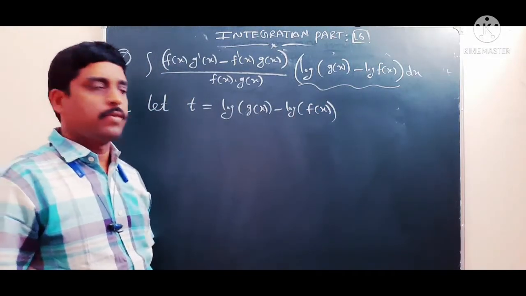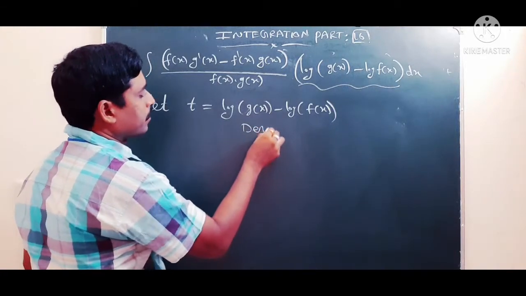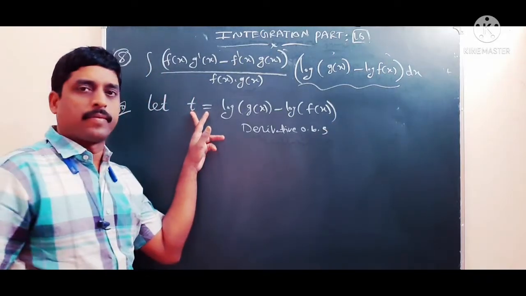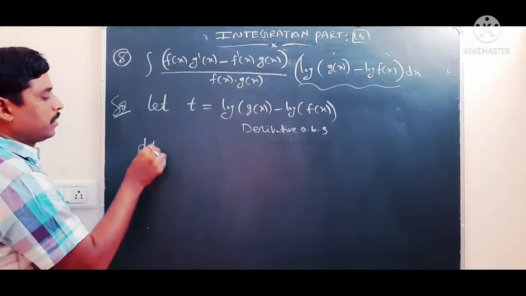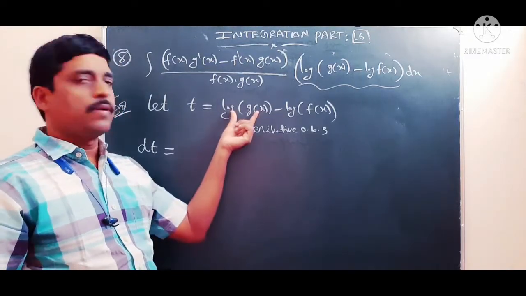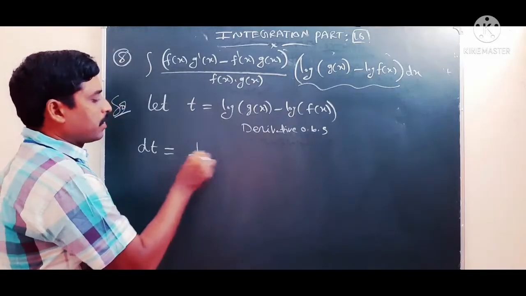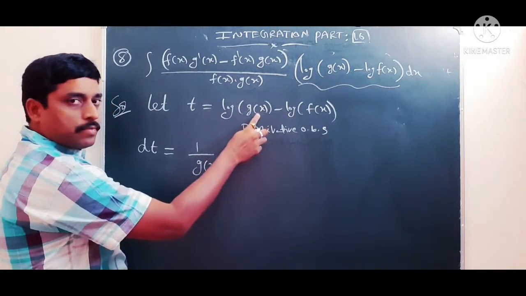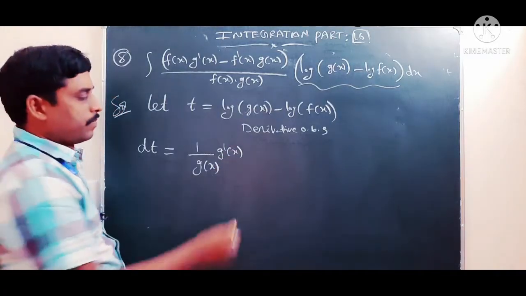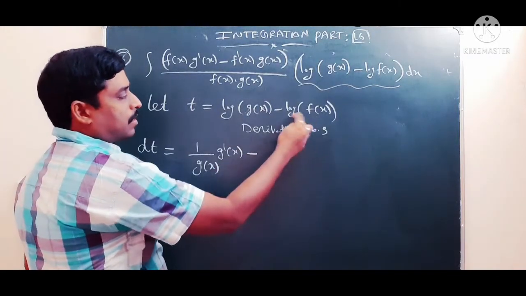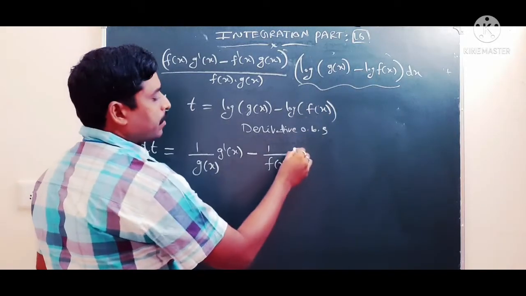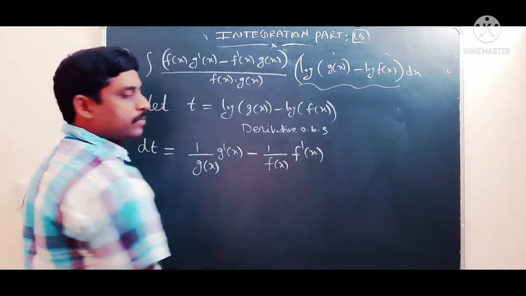Now applying the derivative on both sides. The derivative of t gives dt. The derivative of log of g of x is 1 by g of x into g dash x by using the chain rule, minus the derivative of log f of x, which is 1 by f of x into f dash x.